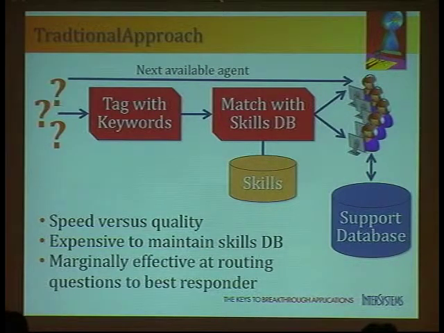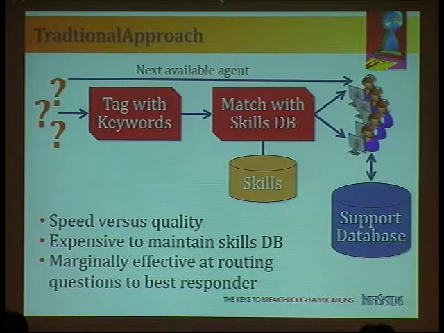This approach produces marginal benefits. And why is that? The reasons are that, first, it's very difficult to define the appropriate set of keywords. There are many, many synonyms in use, and it's very hard to keep the right set of keywords up to date.